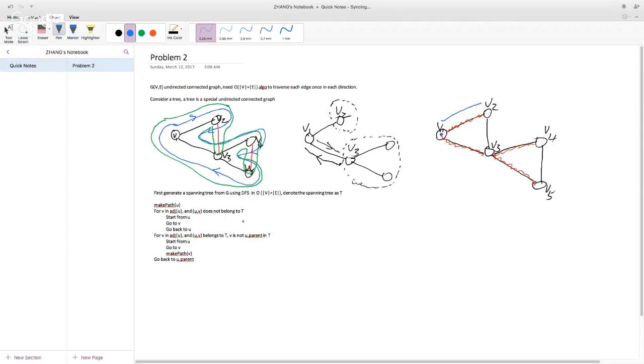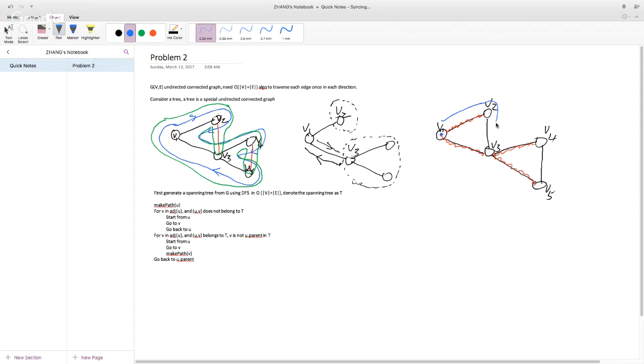And we need to consider the edges that do not belong to the tree. Let's consider V2, V3. This edge does not belong to the spanning tree, so it's in the first for loop. Start from V2 to V3 and go back from V3 to V2.